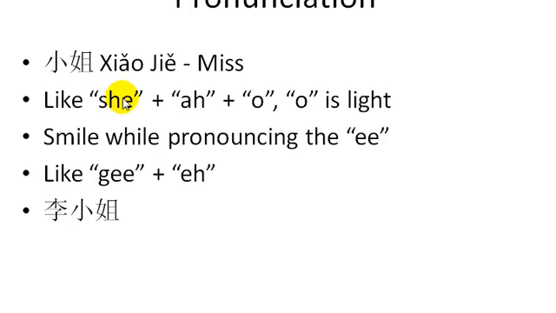Xiao, and smile while you're saying xi, and it will help you pronounce it more accurately. Let's try that 3 times. Xiao, xiao, xiao. Excellent.